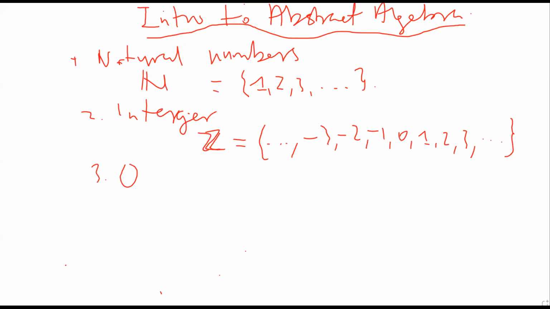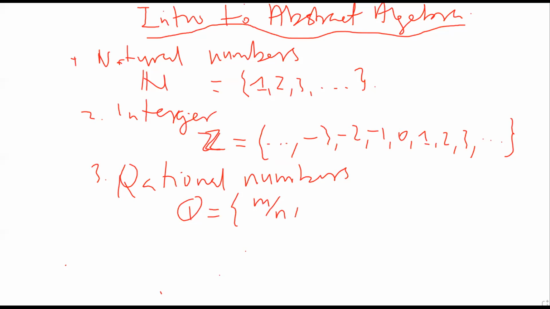Then we spoke about rational numbers. Last week, we were introduced to rational numbers. This was Q, and you could write it as m over n, where m and n are integers, and n is not 0.